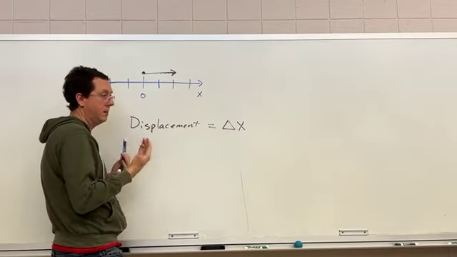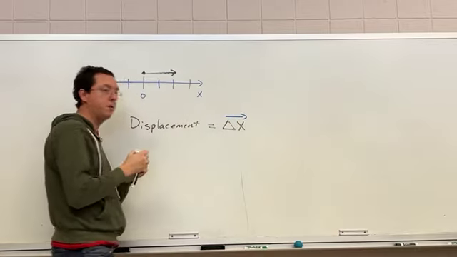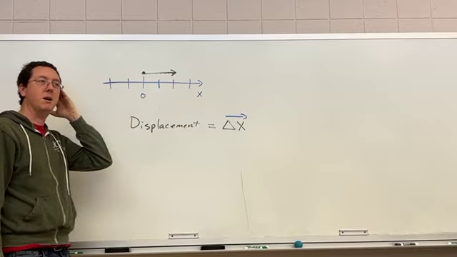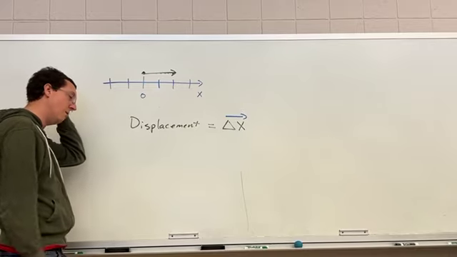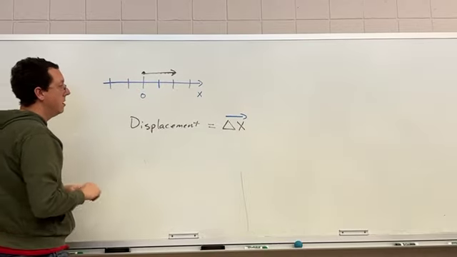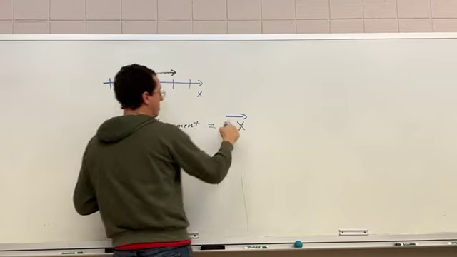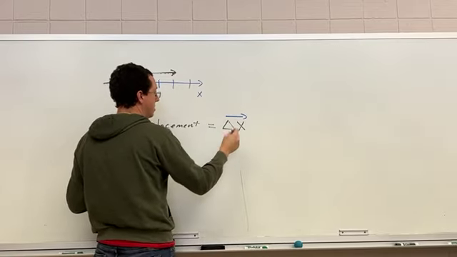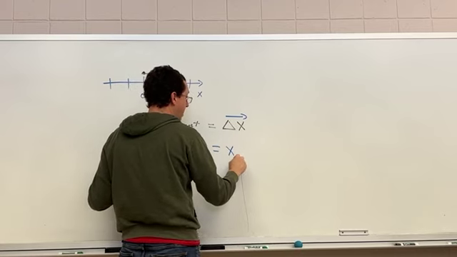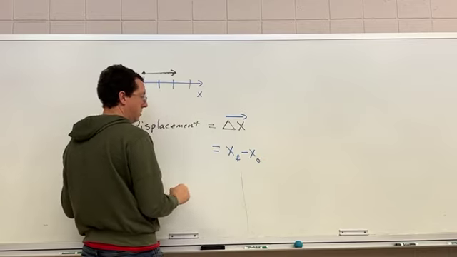Because of that, to remind myself, I'm going to put an arrow over the top to remind myself that it's a vector. The arrow doesn't really do anything for me mathematically. It's really just a reminder. For this motion, if I'm being really careful, displacement, change in position, is x final minus x initial.